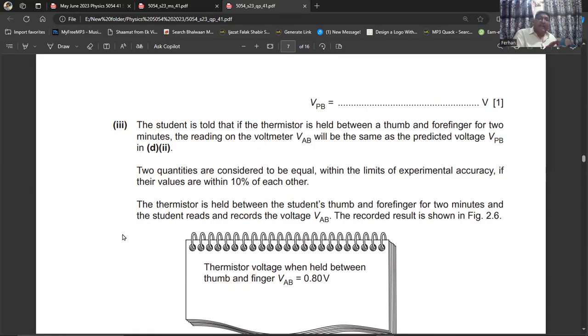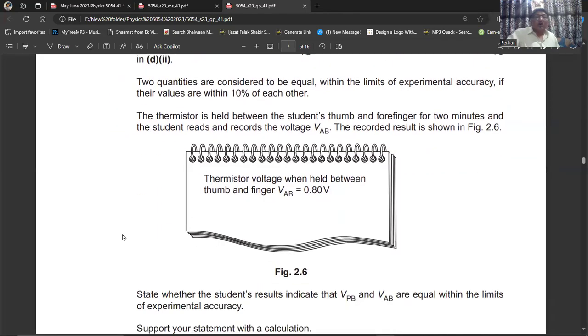The thermistor is held between the student's thumb and forefinger for 2 minutes, and the student reads and records the voltage VAB. The recorded result is shown in the figure 2.6. So the VAB when the thermistor is in your fingers for 2 minutes is 0.80 volt.